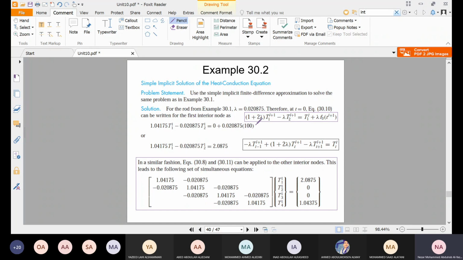We use the equation for the first node, and we know the value of the function f of 0, because the boundary for the first node is 100 degrees centigrade. And after that, we substitute the value of lambda.